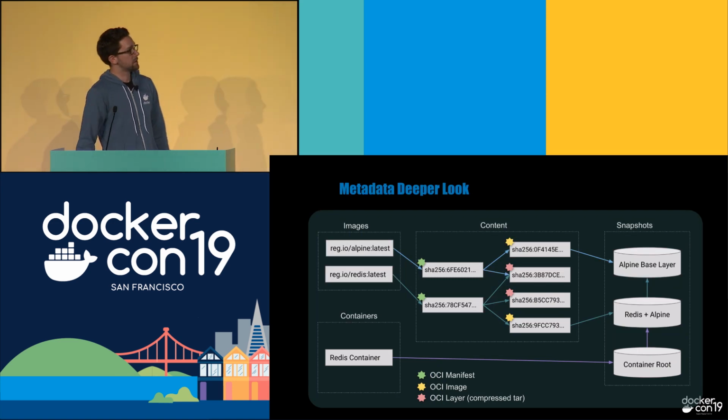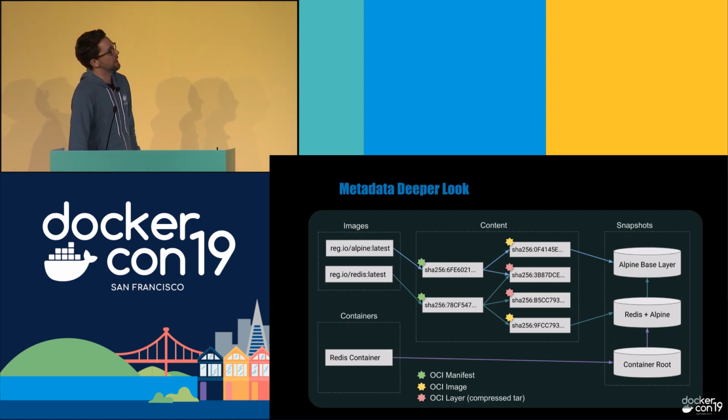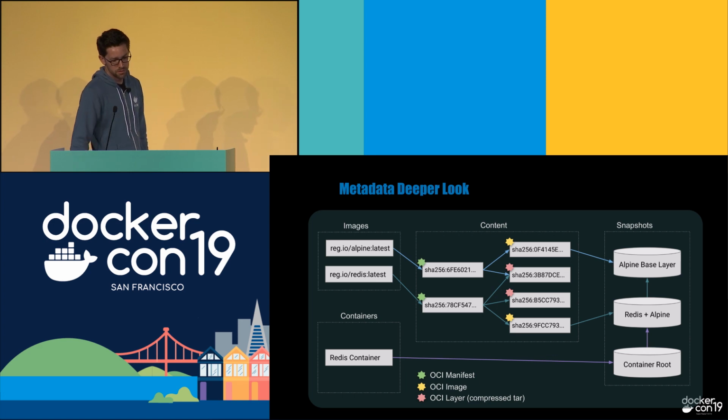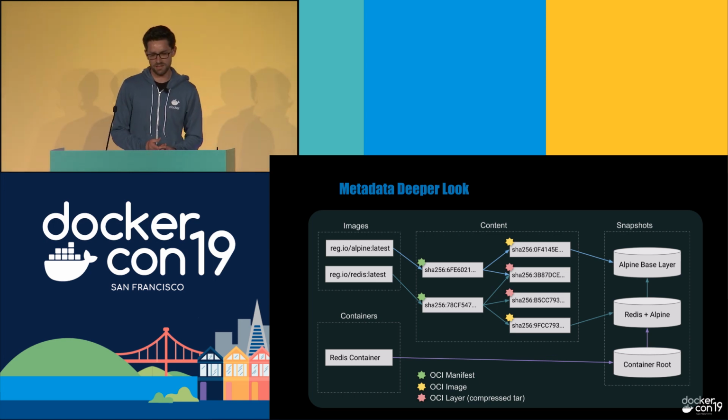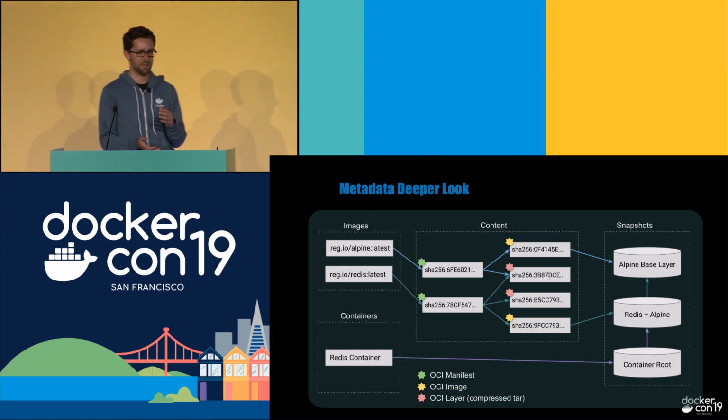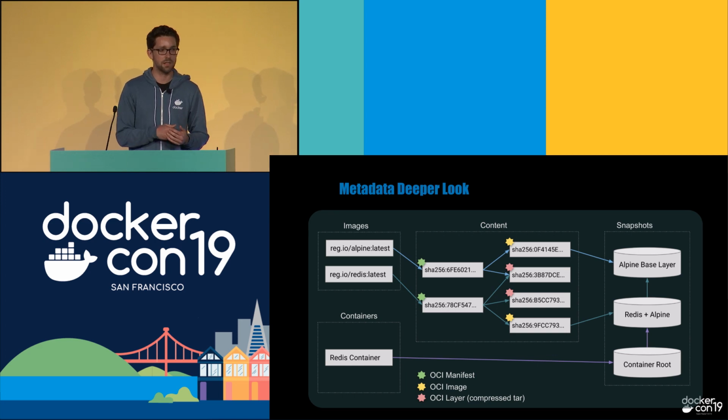So I'm going to take a deeper look into how the metadata store works. I mentioned the metadata store. It does this namespacing, and it doesn't just have information about the namespaces. It actually has information about all the different resources that containerd is managing.